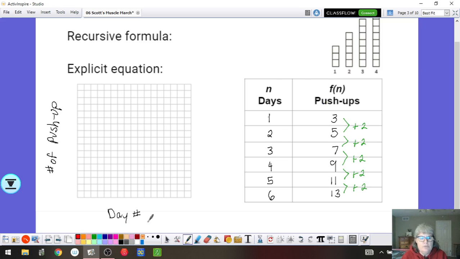I want to remind you that function notation like f of n is just another way of saying y, and because this is f of n, we can say that our n is like saying x. Put a scale on my graph. It's going to start at 0, and I'm just going to go up by 1, and I'm going to go by 1 as well on my y-axis. Only so it doesn't seem so crowded, I'm going to label every other one.